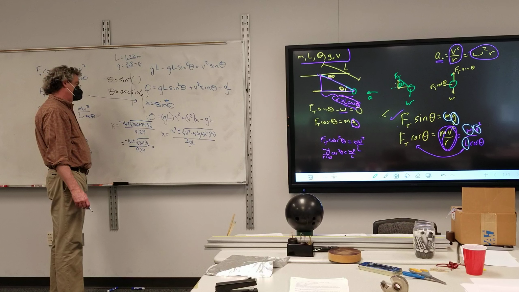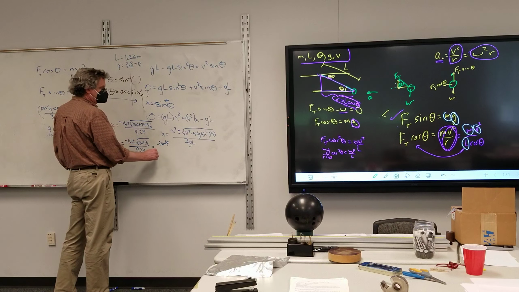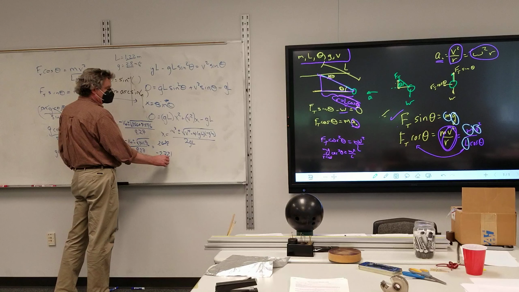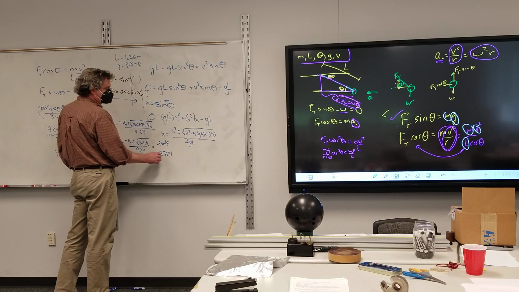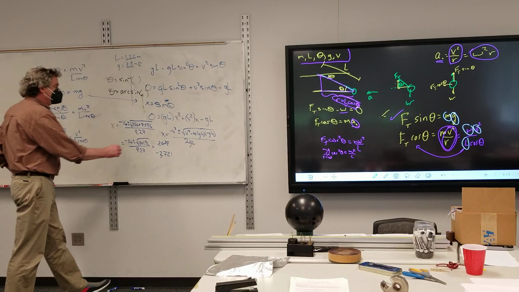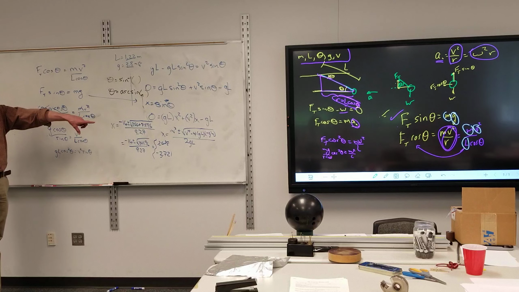The positive one is 0.2688. And the negative one is negative 3.721. All right, so we have two solutions here for x, remember this is solving for x, which is just sine of theta.